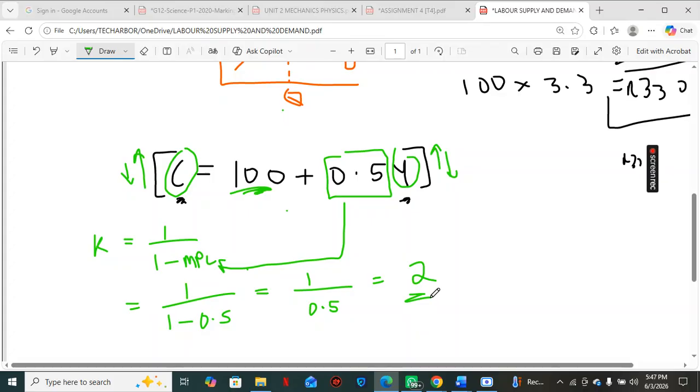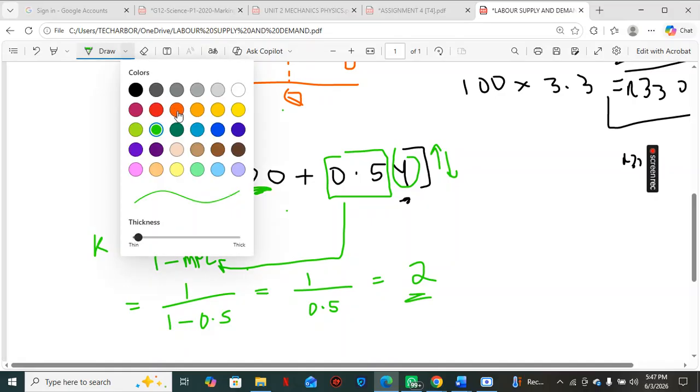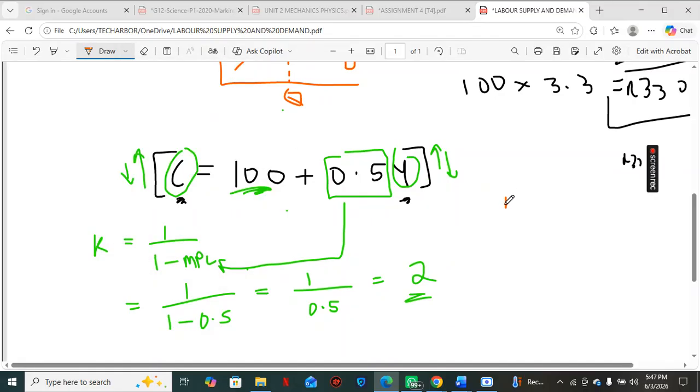The spending multiplier of 2 means if government spends, let's say, 100 kwacha, the overall spending in the economy is going to be 100 kwacha times the spending multiplier of 2, so the overall spending is going to be 200 kwacha.